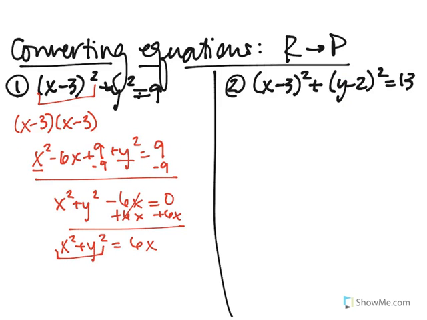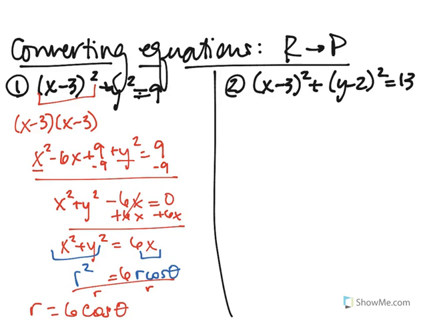X squared plus y squared, that's the same thing as r squared, and then x is the same thing as r cos theta. So r squared equals 6 r cos theta. We don't want r squared. We've got an r on both sides. Divide by r: r equals 6 cos theta. That's it. That's my answer.